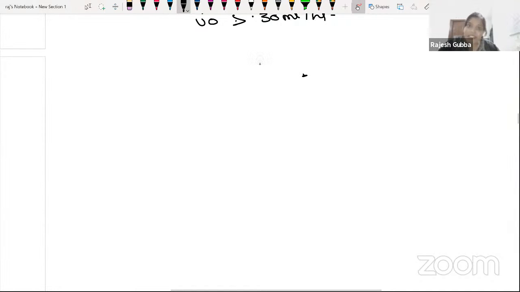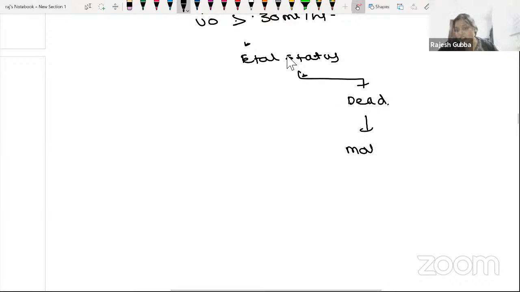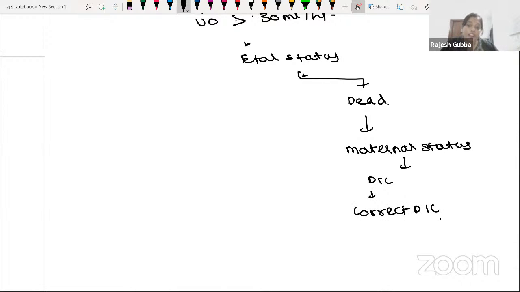Treatment depends on it; anyway you have to deliver, that we have decided. Mode of delivery: you have to check the fetal status. If the fetus is dead, it means you have landed in grade 2. Check the maternal status. If the mother is having DIC, correct the DIC. And what should be the mode of delivery post correcting DIC?